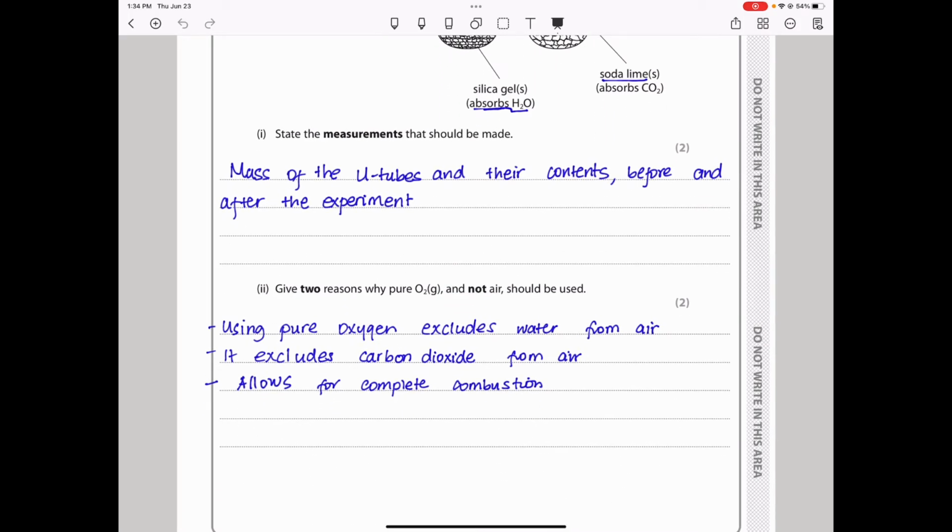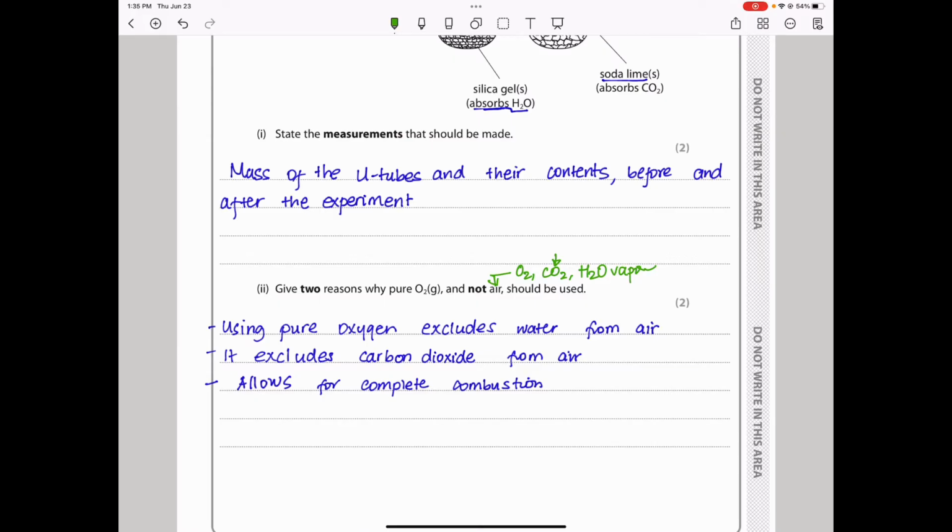So the next question says, give 2 reasons why pure oxygen and not air should be used. Now you should know, in air there is oxygen, there is carbon dioxide, there is water vapor, and so many things. So if we use air, it's going to contribute to the mass of carbon dioxide, which we do not want.